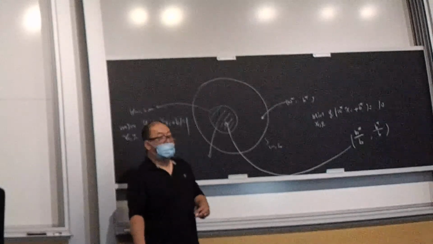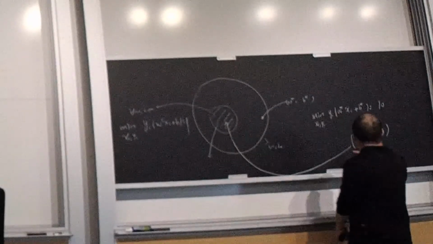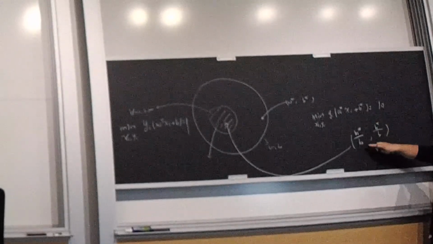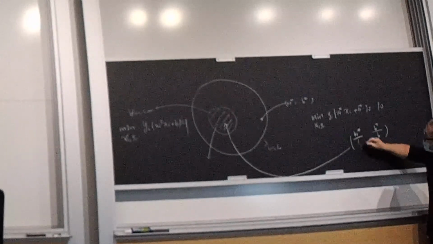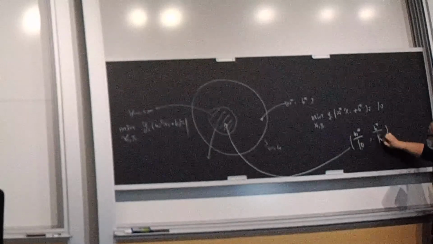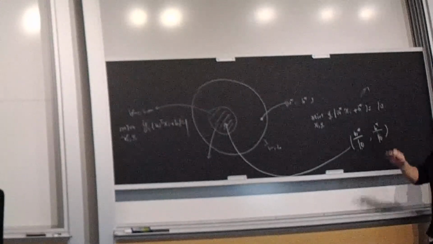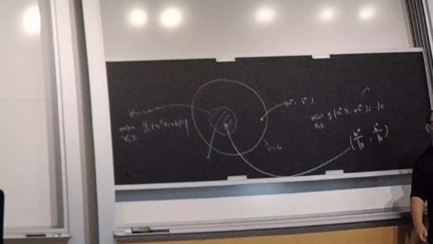Why? Because if you replace W star and b star by W star over 10, b star over 10, this value must be 1, just like dividing both sides by 10.